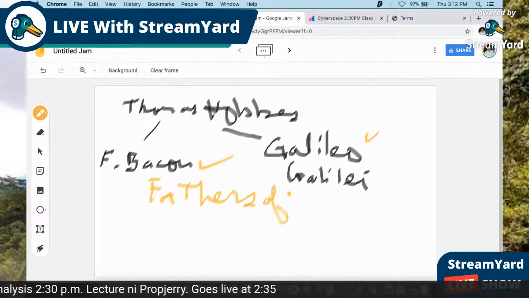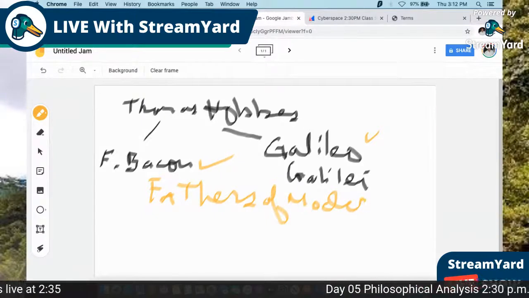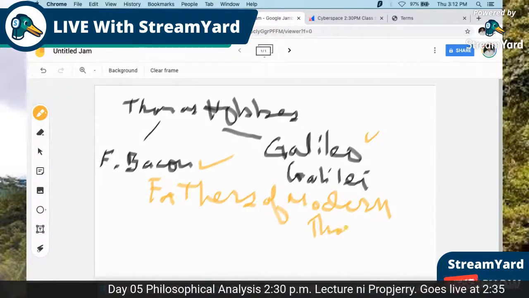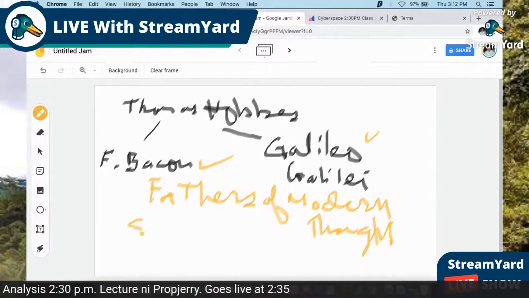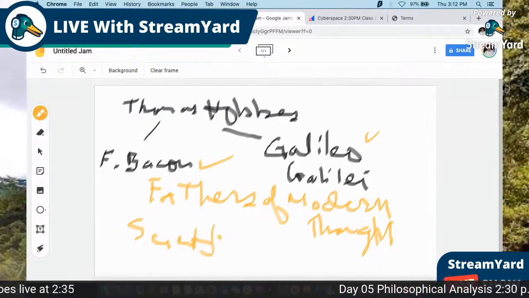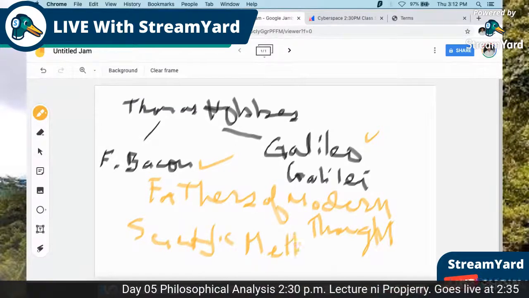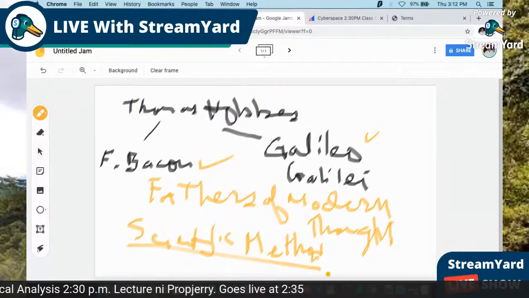Why are they called fathers of modern thought? Because they invented the scientific method. And therefore, they invented science, and therefore, they invented modern life, and therefore, modern thought.